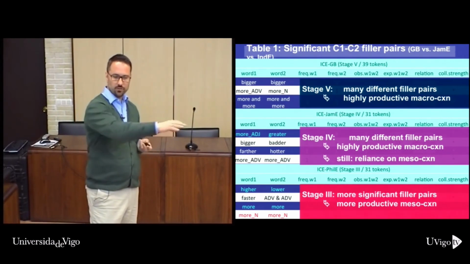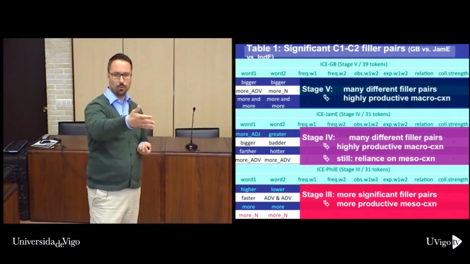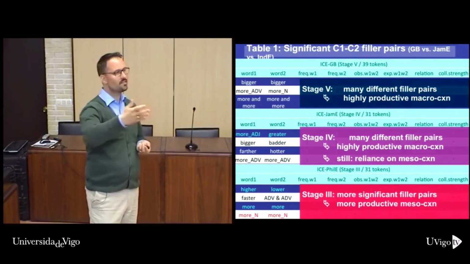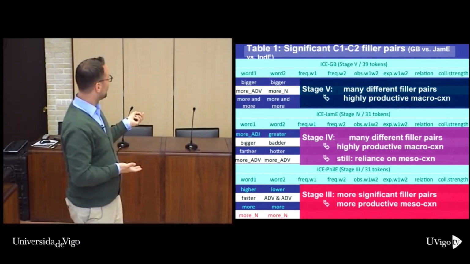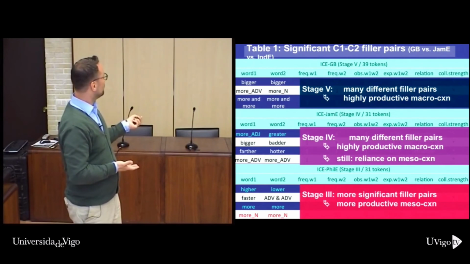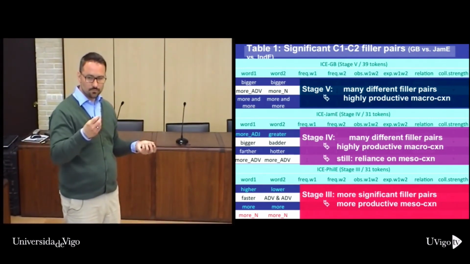Okay? Because of the individual exemplars, high type frequency, many different ones, you can draw on the more abstract, more meso or even macro construction. In stage 4 varieties, you've got many different fillers, but you've also got a highly productive macro construction, but there is like one prototypical meso construction or two.